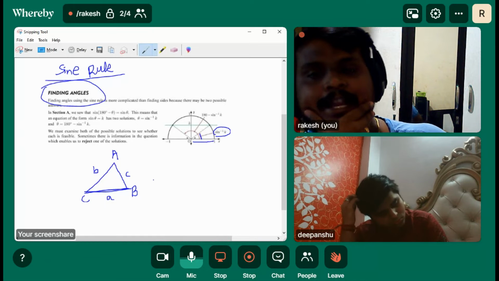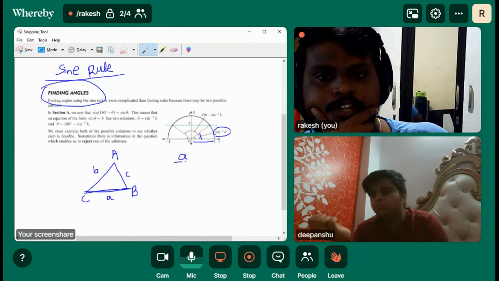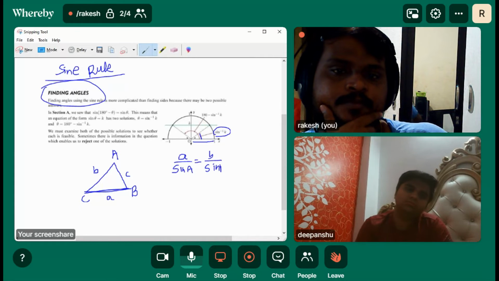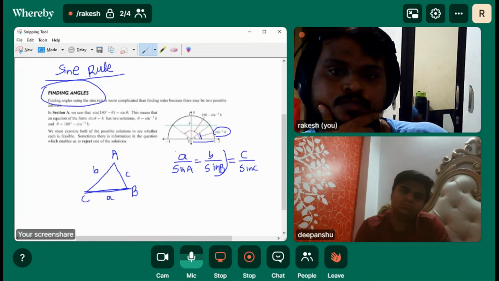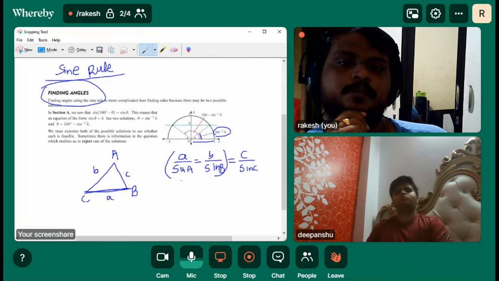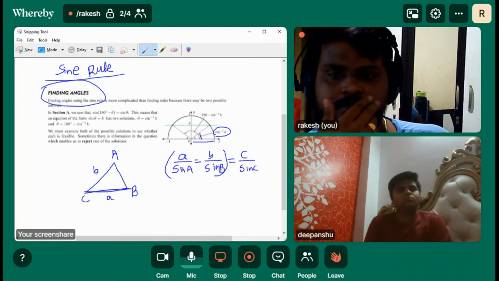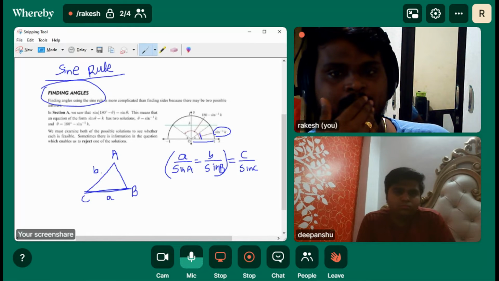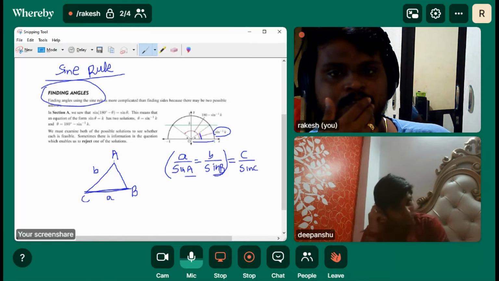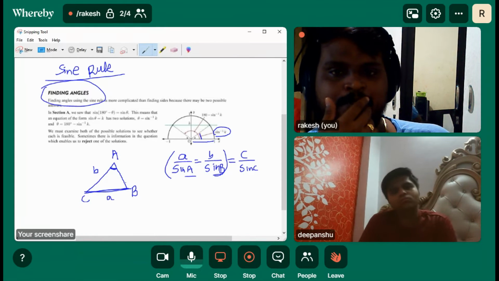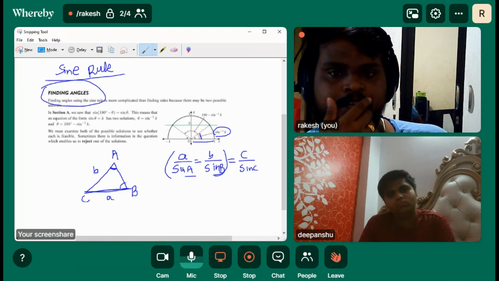If we have to find the angle, according to the sine rule, A upon sine A is equal to B upon sine B is equal to C upon sine C. If we consider these two ratios, A upon sine A and B upon sine B, A and B are given, angle B is given, let's say, and we have to find angle A.